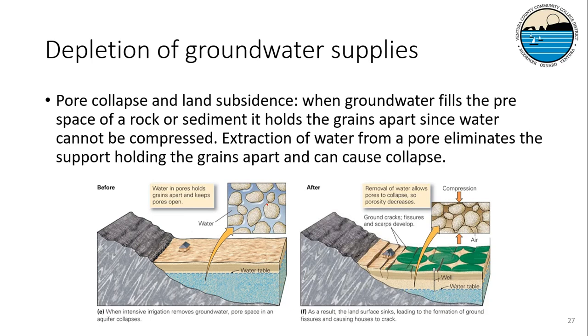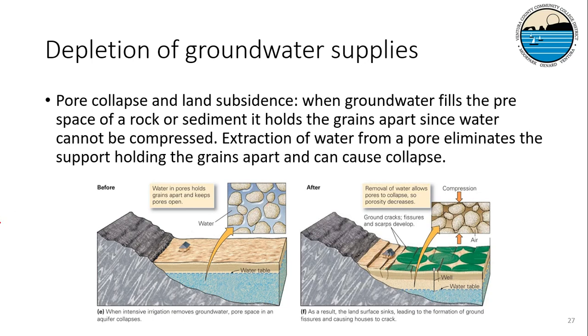Now, if you remove that and it's filled with air, those grains can further collapse or degrade. And what happens is the land cannot hold it up anymore, and it collapses, it crushes. And that pore space is then reduced. And we see land subsidence as a result of over withdrawal of fluids in the subsurface.